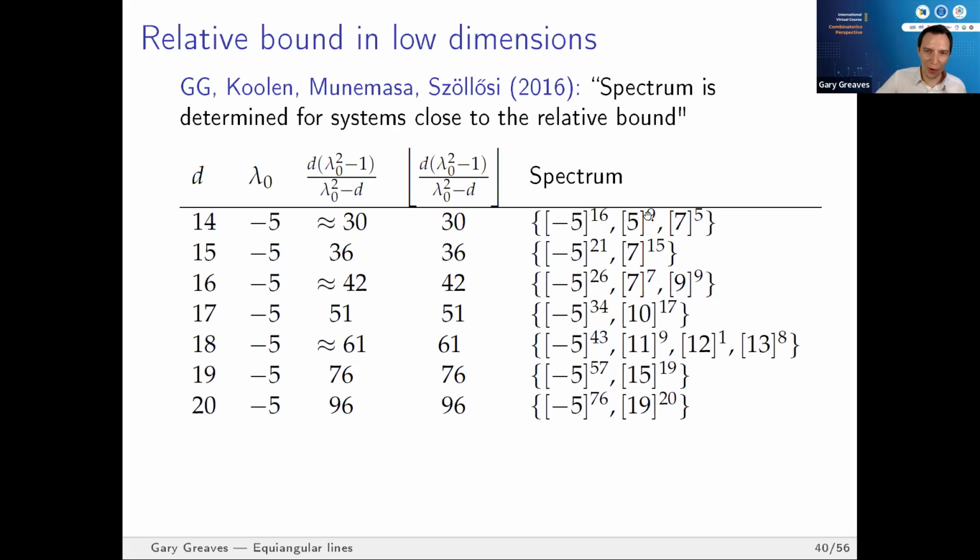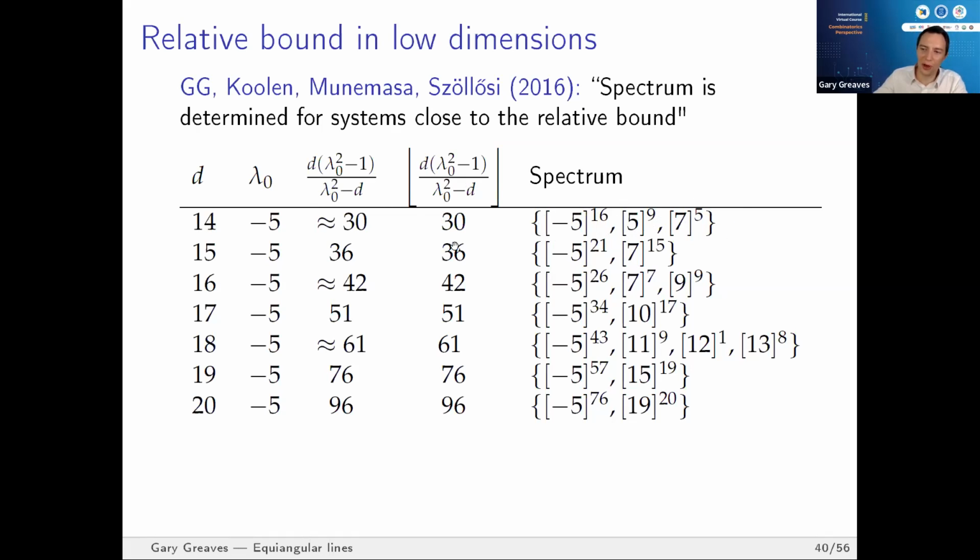But we don't know a priori what the other eigenvalue should be. So we can push it a bit further and we can work out the entire spectrum. And so this means if we want to find 30 equiangular lines in dimension 14, we must restrict our attention to Seidel matrices having this spectrum.